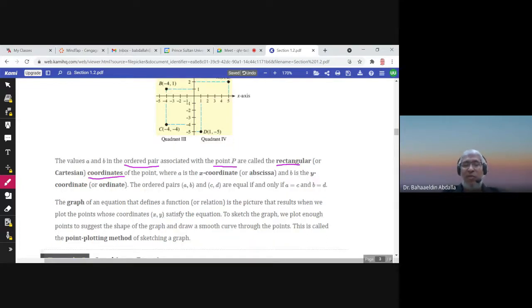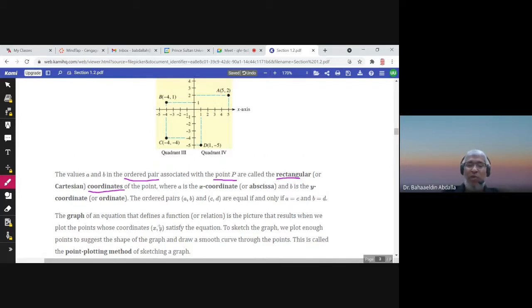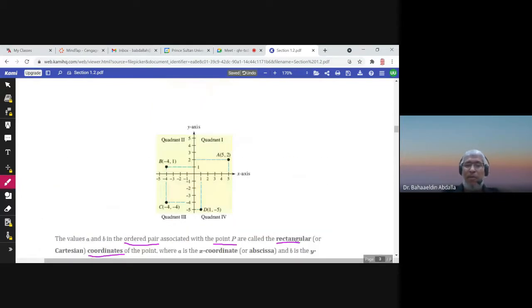The graph would be graphing all the ordered pairs; we plot all of them. Here, for example, the ordered pair 5 and 2 is associated with this point. 5 is the x value, so x here is 5, and y is 2. To find the x value, you draw a perpendicular line to the x-axis.